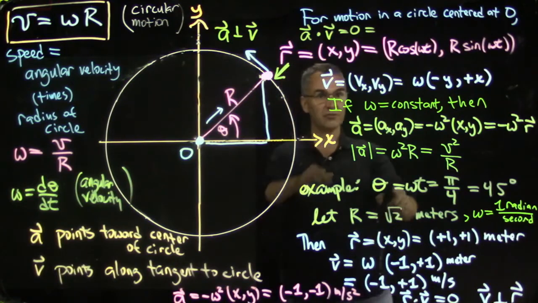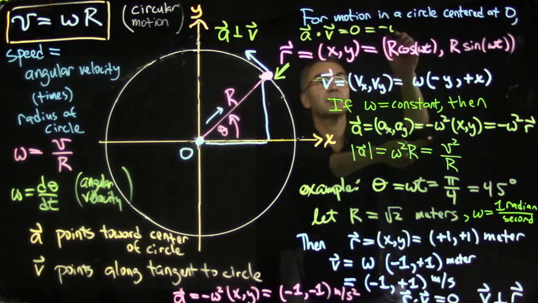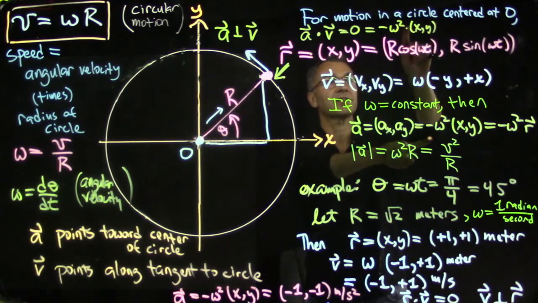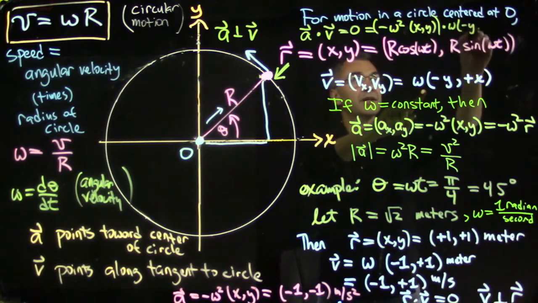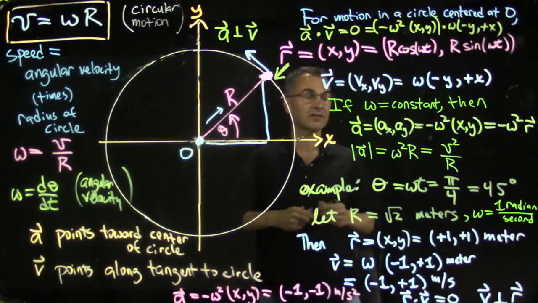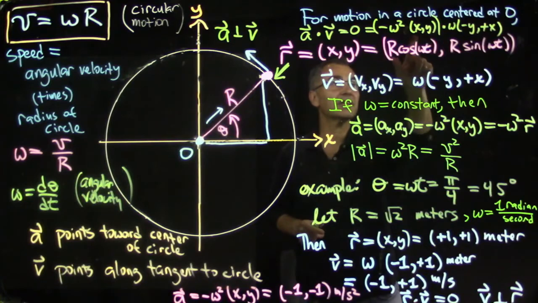Well, in this case, we said that the acceleration vector is minus omega squared times x comma y. Oh, that's just a multiply. And then the dot product with omega times minus y comma plus x. I guess I won't write out every step, but if you multiply this out, you get x times minus y, and then you would add that to y times x.